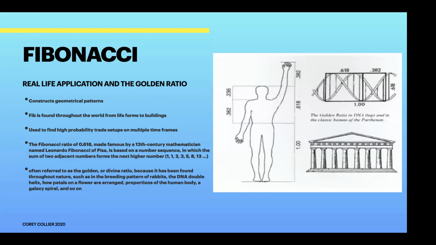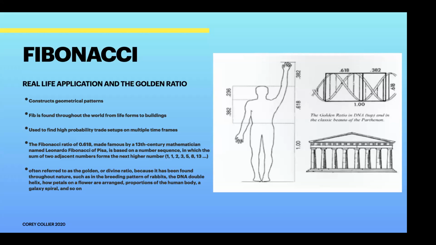If you cut us in half from the elbow to the top of our heads, the length from your elbow to the tip of your fingers should be the 0.382. Now, if you add that 0.382 to the rest of the top half of the body, which should be the 0.618, you will get 1.0, or equal length from your waist to your feet.